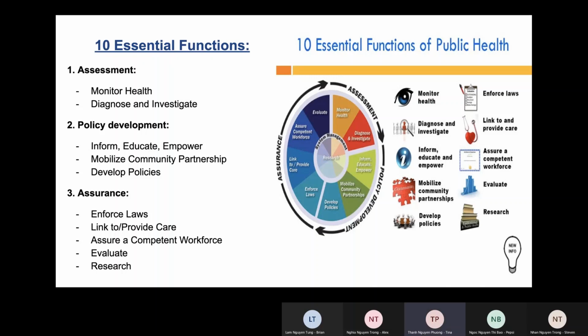Number 8, ensure a competent environmental health workforce. Number 9 is to evaluate the effectiveness, accessibility, and quality of personal and population-based environmental health services. And the last one, research for new insights and innovative solutions to environmental health problems.